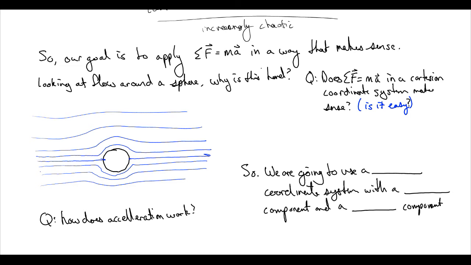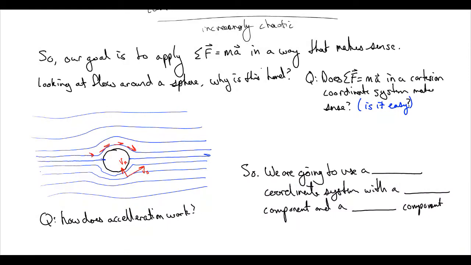Again, the direction of the velocity changes all of the time. So if we look, this one's going in this direction, but then it's going up, sideways again, and then down, and that becomes a pain. However, one thing we could do is define a coordinate system that is always tangent to our streamlines. We'll have two directions: the velocity in the streamwise direction, and a velocity in the normal direction.